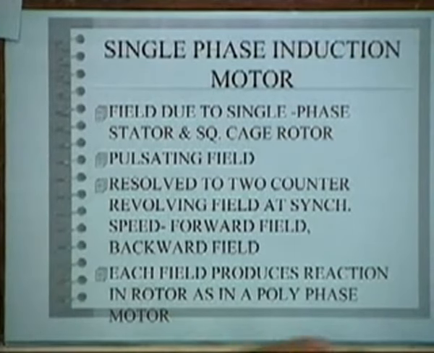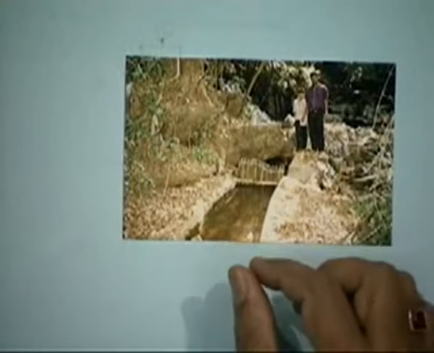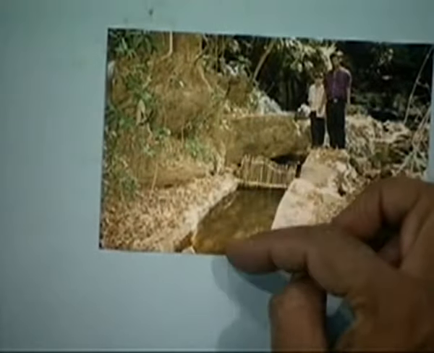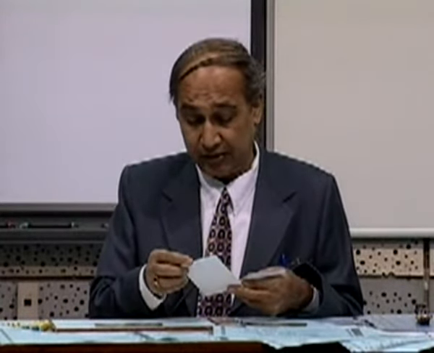In fact, these are actually one of the sites. I don't know whether you can see it. I mean, the waterfall in one of the places in Karnataka where they have this normal natural water flow, and which are being installed.